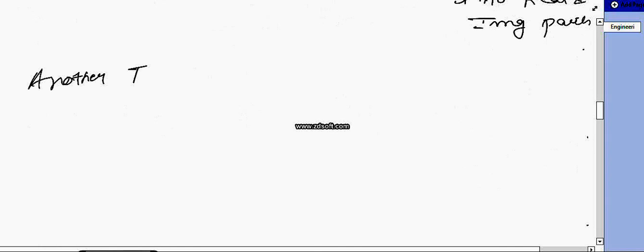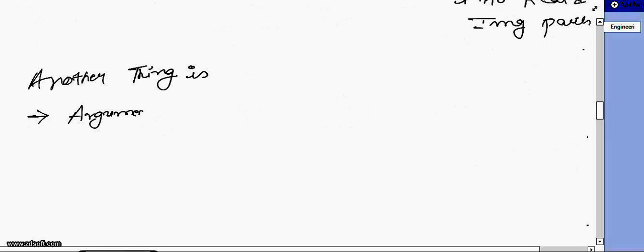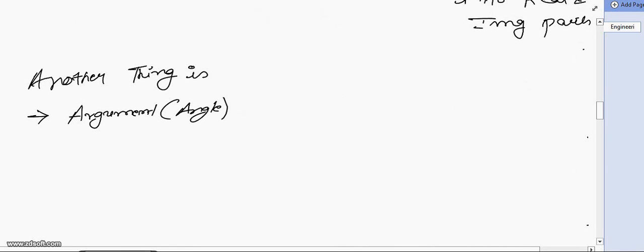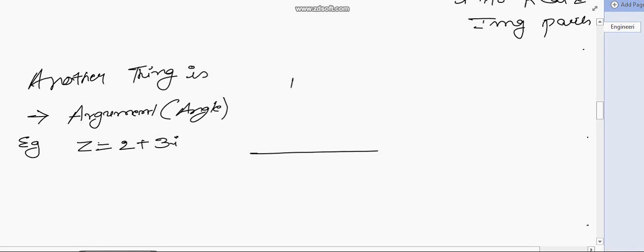Another thing is argument, or in simple words we call this the angle. For example, z is equal to 2 plus 3i. On the Argand plane, we can represent it like 1, 2 and 1, 2, 3.